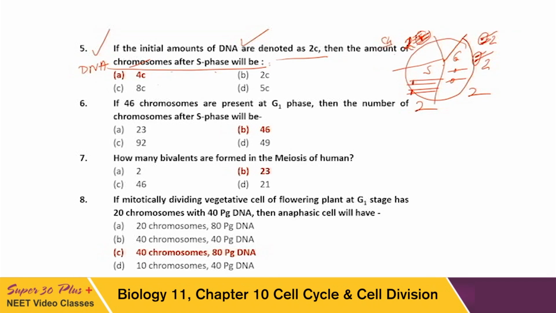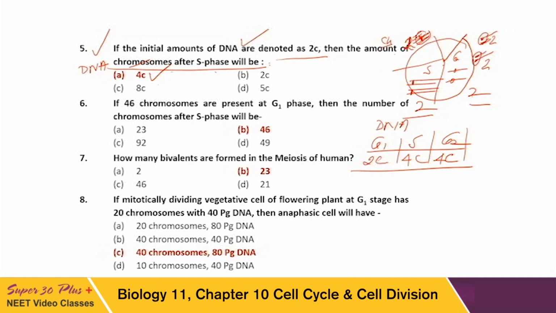After S phase, the amount of DNA will be doubled, while the number of chromosomes is the same. G1 is having how much? S and G2. Can you summarize that diagram? If G1 is having 2C, S will have 4C, and G2 will also have 4C of DNA. Is it clear? The answer will be 4C.